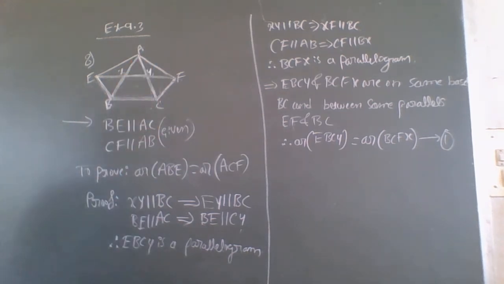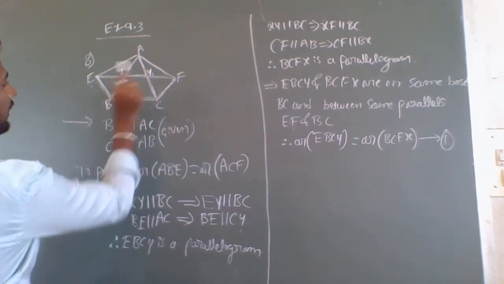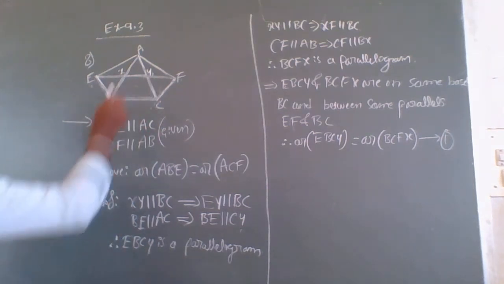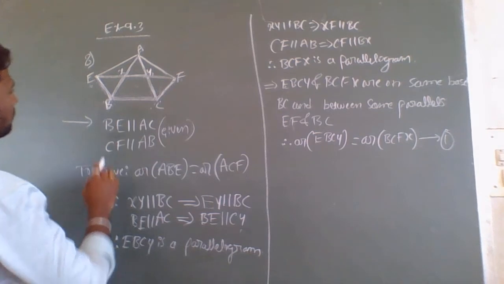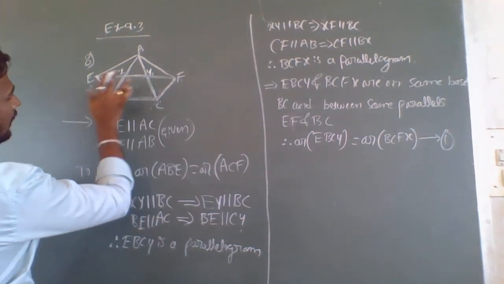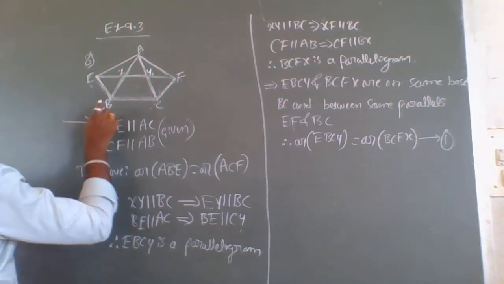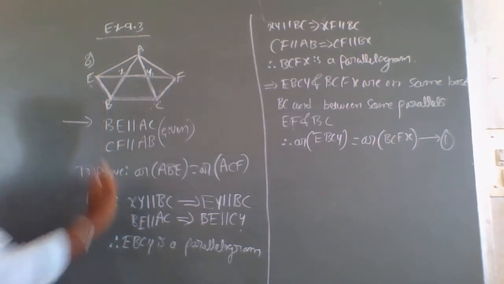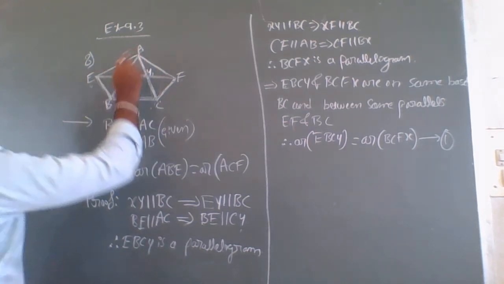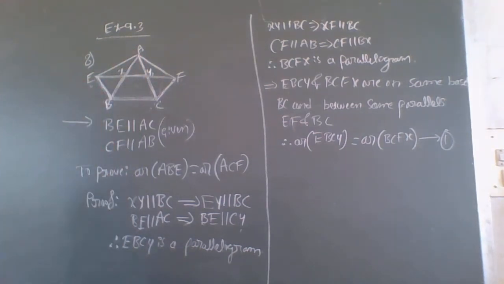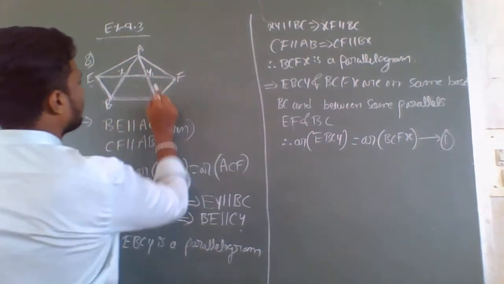Listen carefully. So these two are between the same parallels EB and AC, and on the same base BE. Therefore, you can write that the area of triangle ABE equals half of the area of EBCY.